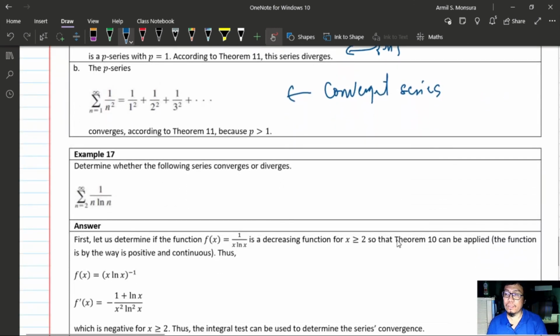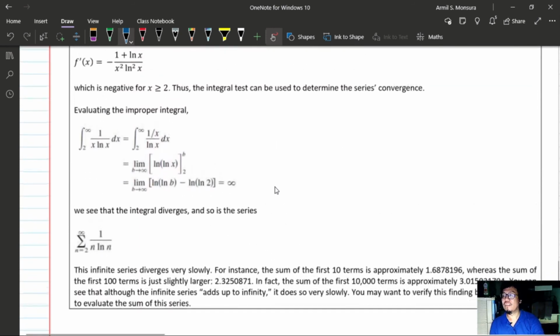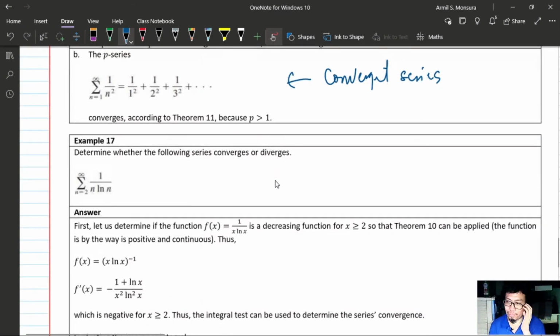Now how about this? Let's determine whether the following series converges or diverges. You can see that this is not a P series.